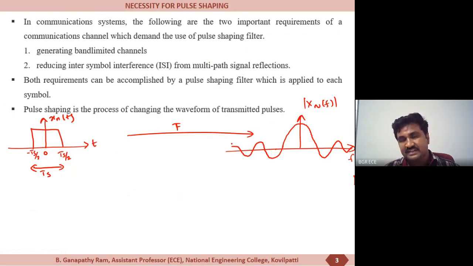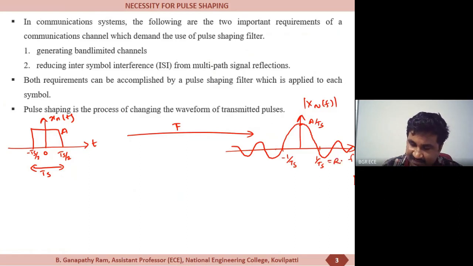We know that the sinc function is infinite in extent. And 1 by Ts is nothing but the data rate of the system.